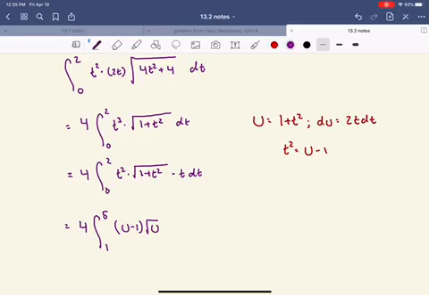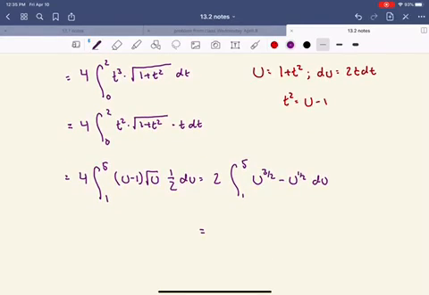The square root of u, and then t dt is 1/2 of du. So I'll write this as 2 times the integral from 1 to 5. I can just distribute here, so I'm going to have u to the 3/2 minus u to the 1/2 du, and I'll trail that off because I figure everyone watching this video can calculate that integral. If not, then you need to go back and watch other videos.